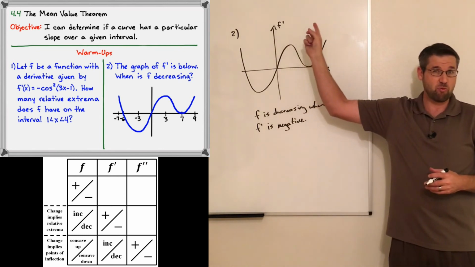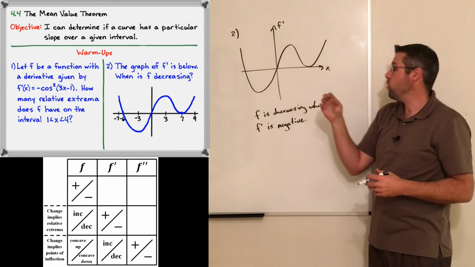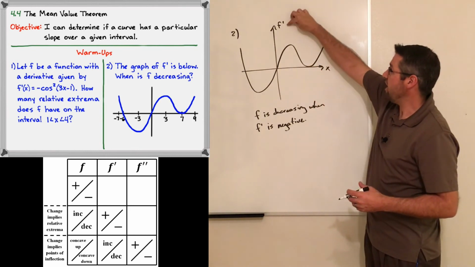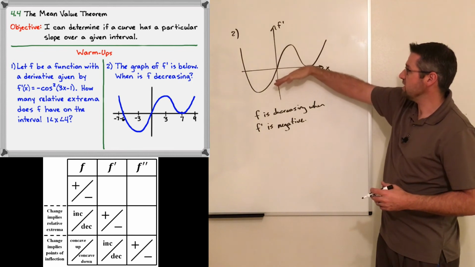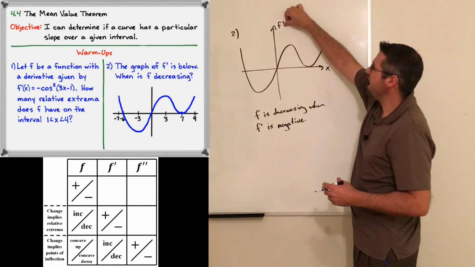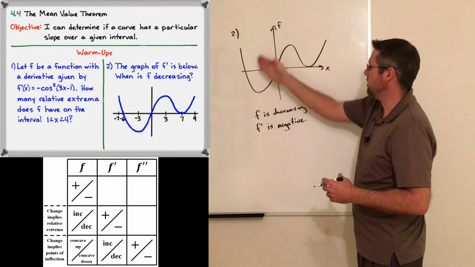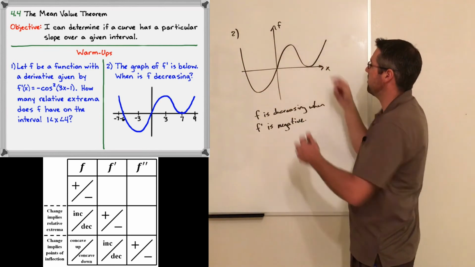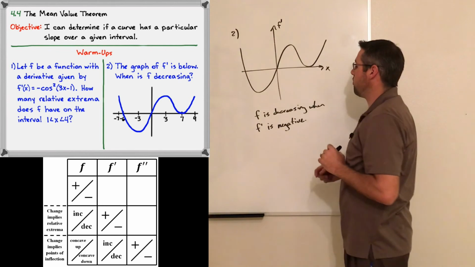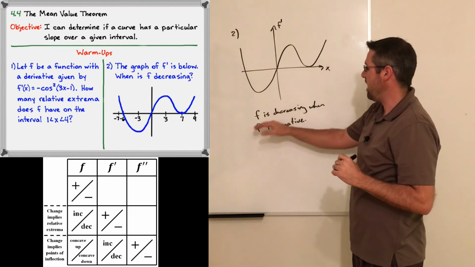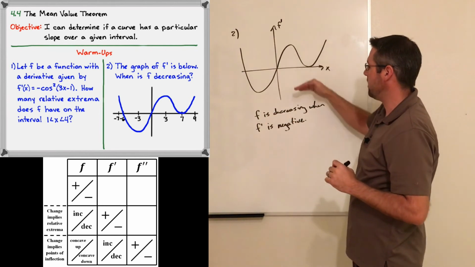Being that this is the f prime graph, we are looking for when f prime is below the x-axis. If this was f, then f is decreasing when we see this function going downhill, because this is f. But this graph is f prime, so we are looking for when f prime is negative, below the x-axis.